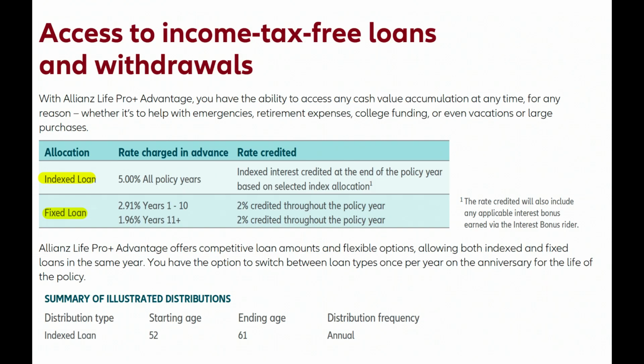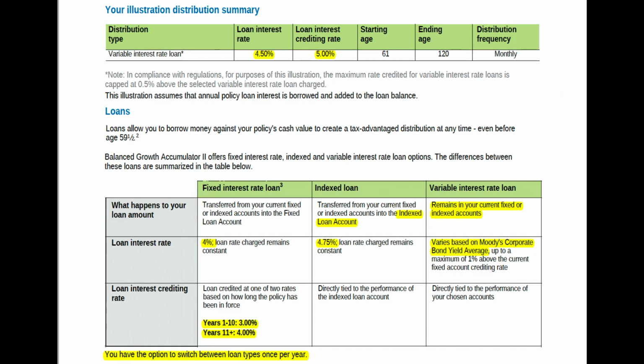Allianz is one of those carriers that only offers fixed and indexed loans. Securian offers fixed, indexed, and variable loans. When you take Securian's variable loan, that loan amount never leaves your policy.